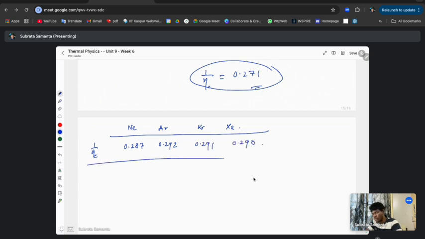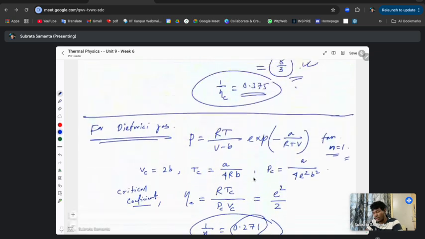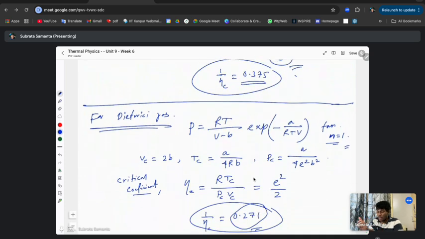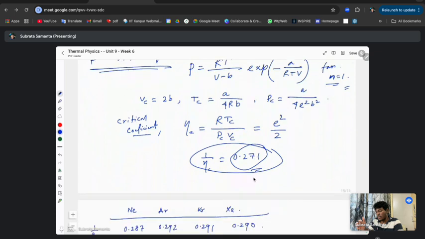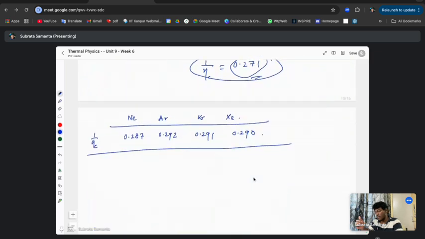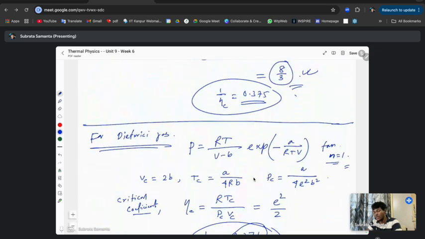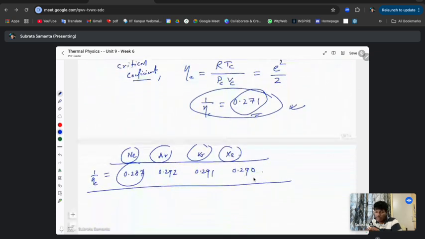These are very close to 0.271, and the van der Waals value is very high. So the Dieterici equation of state is very close to describing the behavior of neon, argon, krypton and xenon, because the 1 over eta C value is very close to these gases. Not the van der Waals, because van der Waals is 0.375, a slightly higher value.